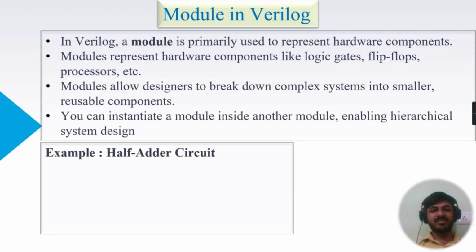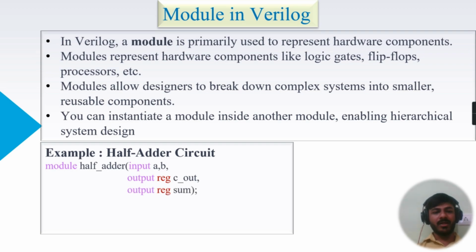For example, take the half adder circuit. As we know, in a half adder we have two inputs, A and B, and in the output we have carry out and sum. How can we implement it in Verilog? Basically, the module name is half adder, the port names are inputs A and B, and outputs C out and sum.